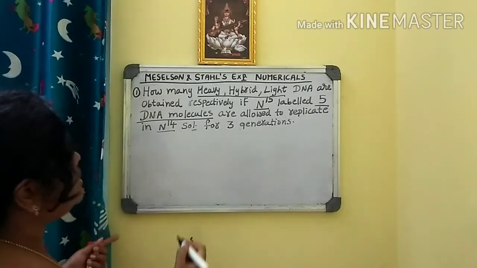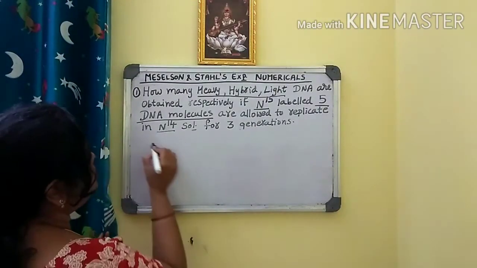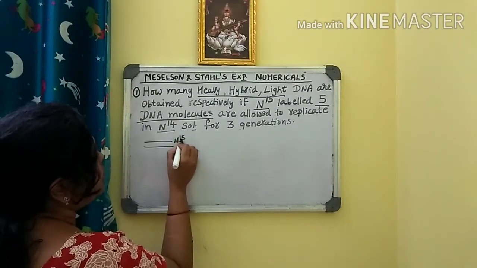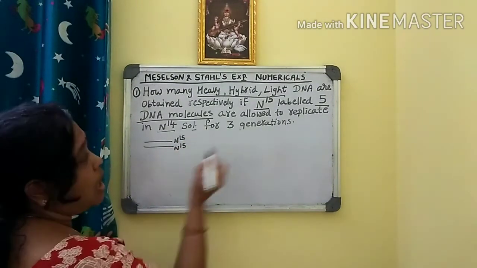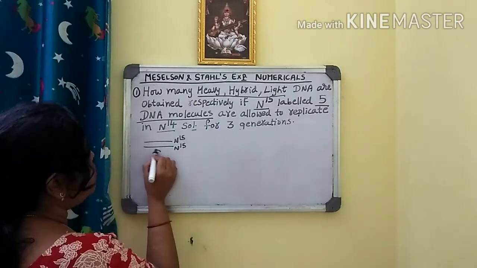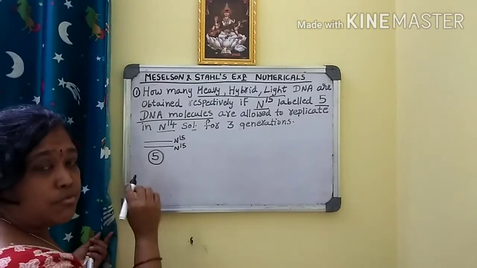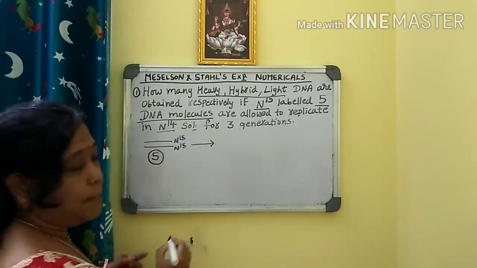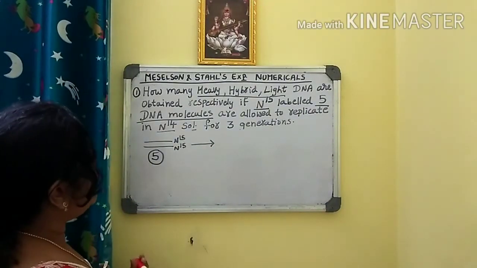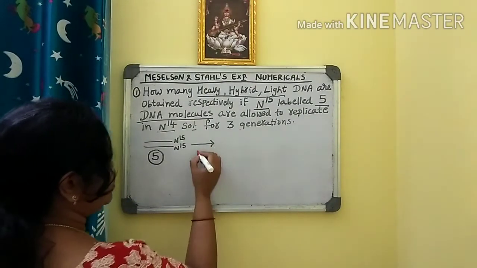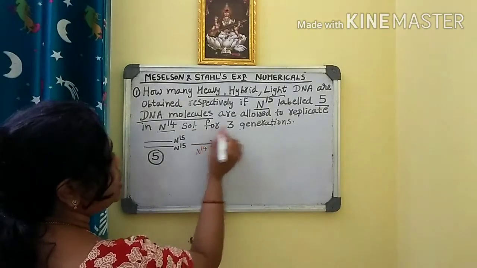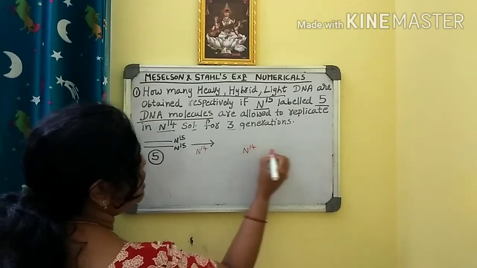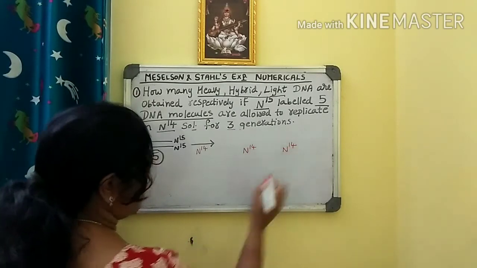So what did they give? They gave that the N15 labeled DNA molecules, 5 are there. And these 5 are allowed to replicate in an N14 medium for 3 generations.